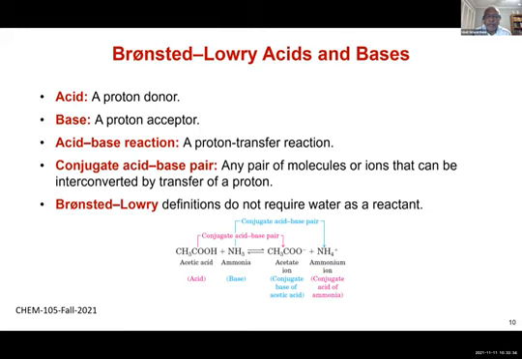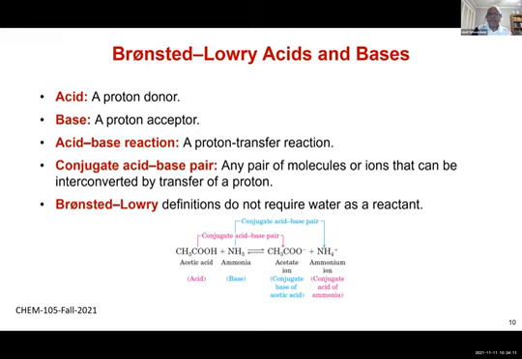The proton then reacts with ammonia, producing ammonium ion. Then the acetate ion is formed. So this is a Bronsted-Lowry type acid-base reaction where no OH is involved. Acetic acid is the proton donor, ammonia is the proton acceptor. The acid produces acetate ion, and ammonia produces ammonium ion.